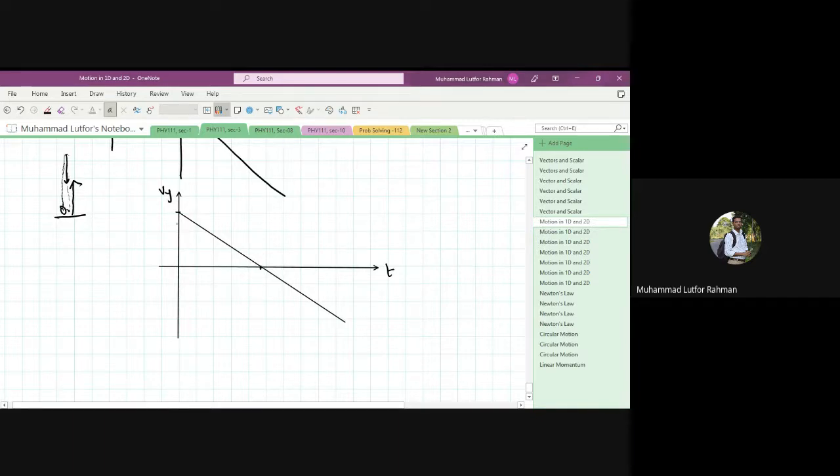Starting from when you throw, it has some initial velocity, and with respect to time the velocity decreases. That's why it reaches the maximum height. At the maximum point the velocity is zero, and after that it increases, but in the negative direction. That's the curve for freefall motion.